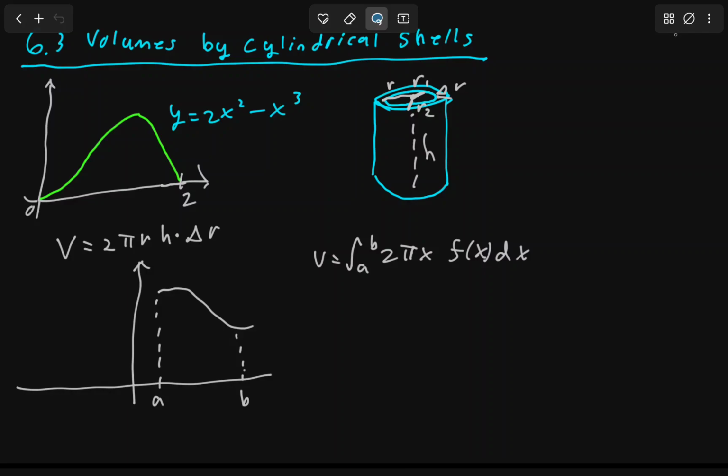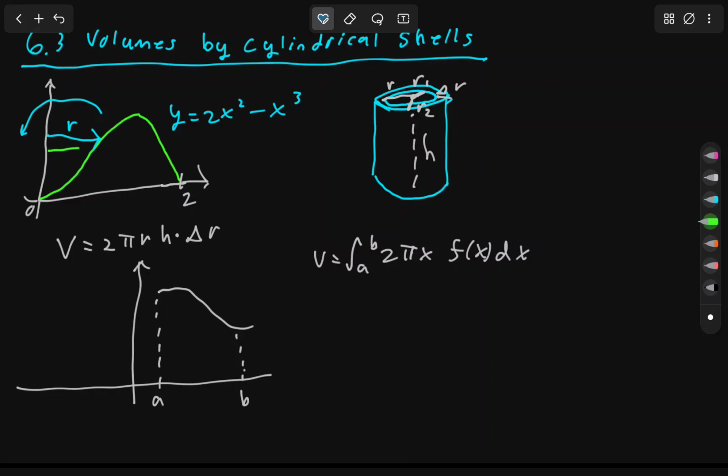To start out, let's say I have a curve y is equal to x squared minus x cubed, and I want to rotate this curve about the y axis. When I do this rotation, you might notice that I'm going to have a radius here. Let's call this radius r.